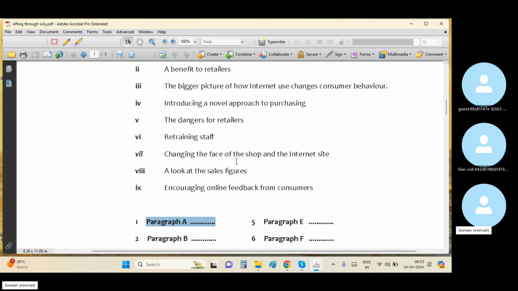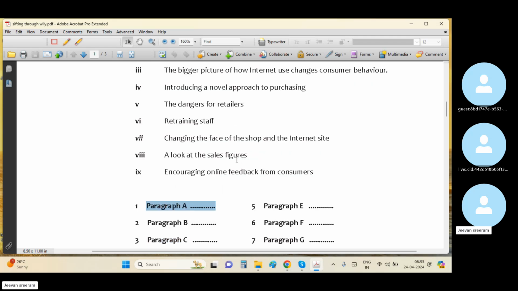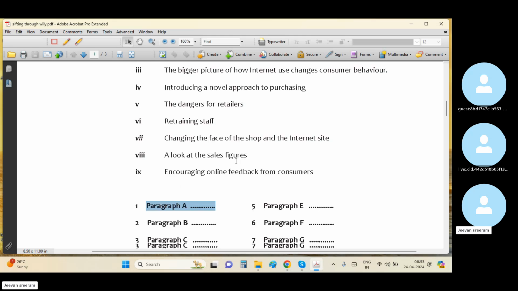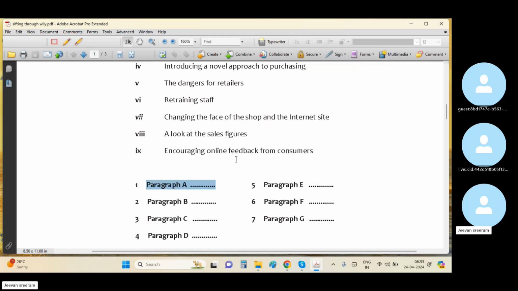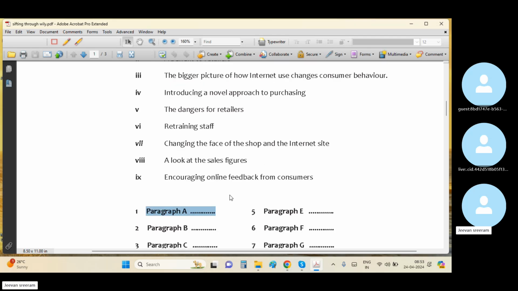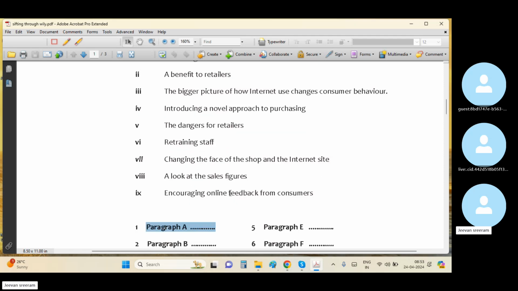So in your real examination also, you will definitely see more number of headings than that of paragraphs. Okay. In the real examination, if you see 7 paragraphs, there will definitely be at least 10 headings. However, as it is one of the easier passages, you can see only 9 headings.